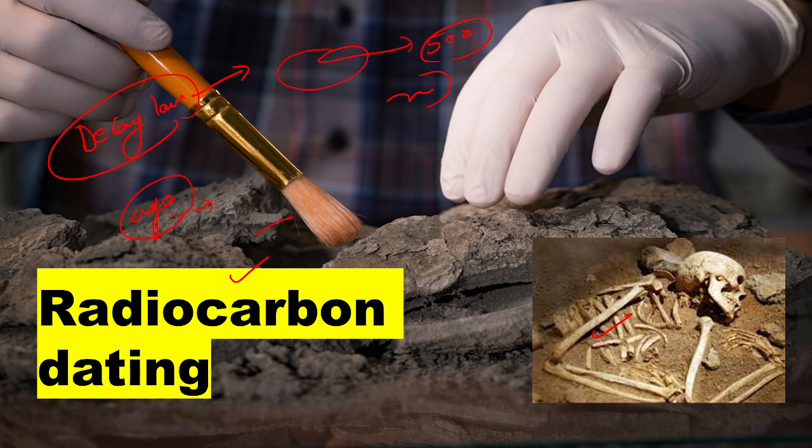So in this video, on carbon dating, we will understand the principle and the formula and expression that is used there. So let's start our video, and this is going to be very interesting, guys.